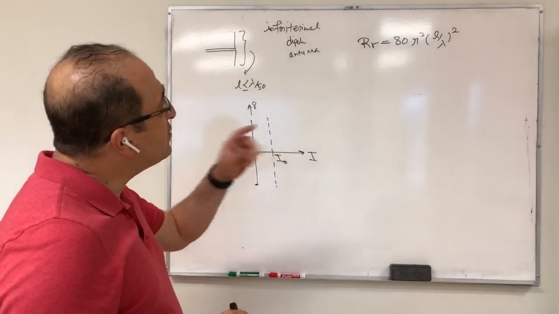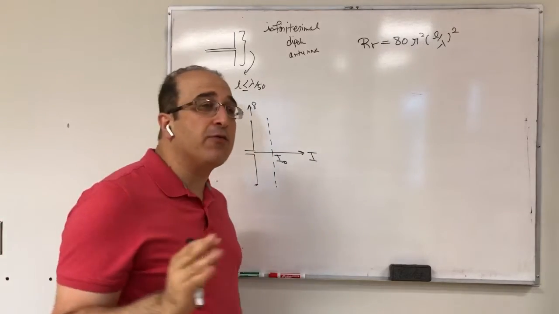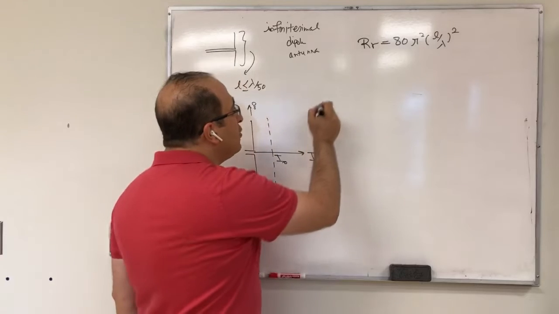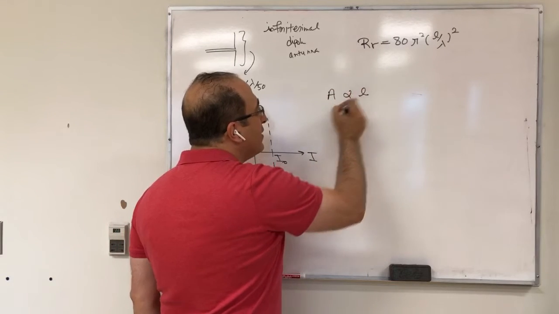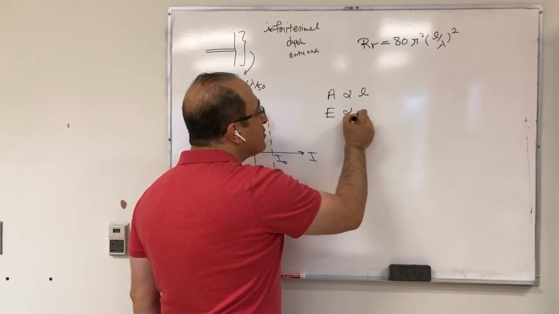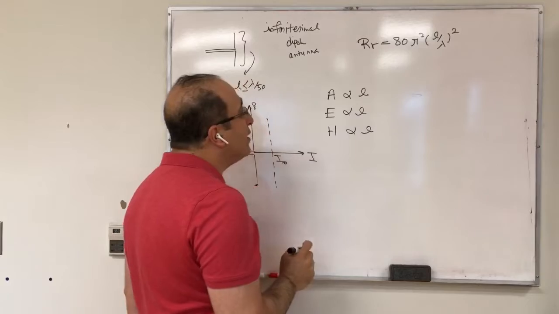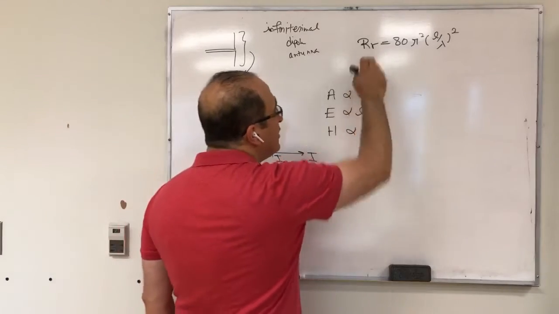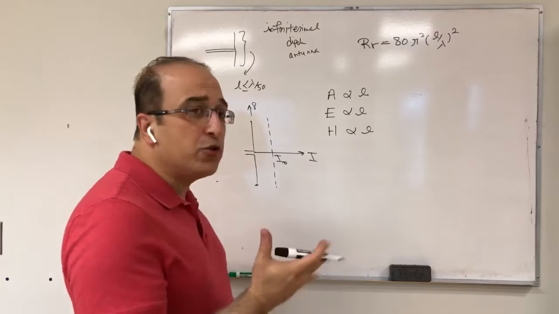Just one thing about this equation. If you remember E and H in the far field for this antenna, E was proportional to L, and H was also proportional to L. But remember, this radiation resistance is related to power.